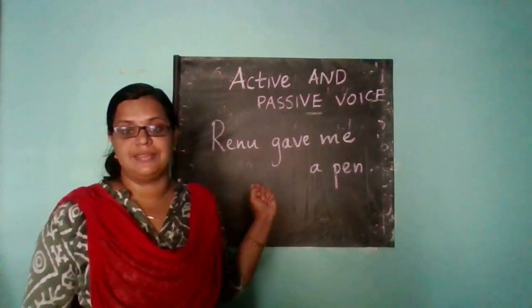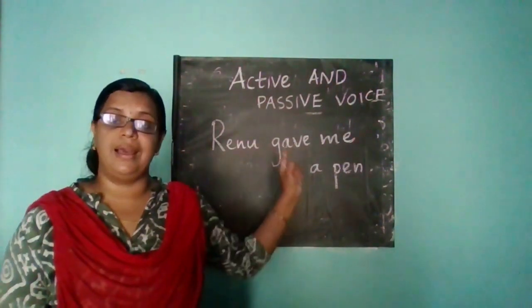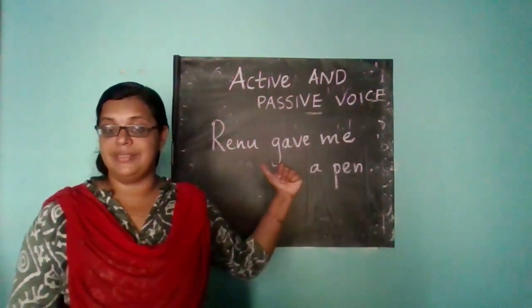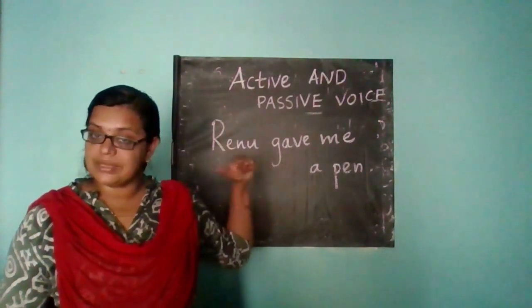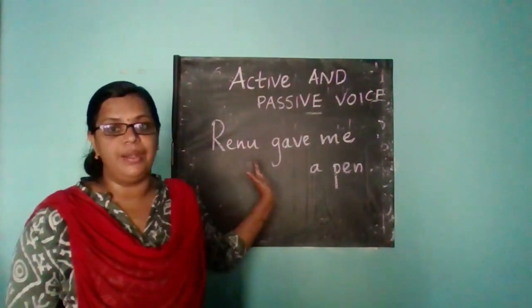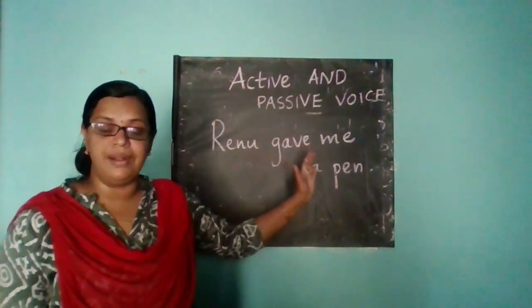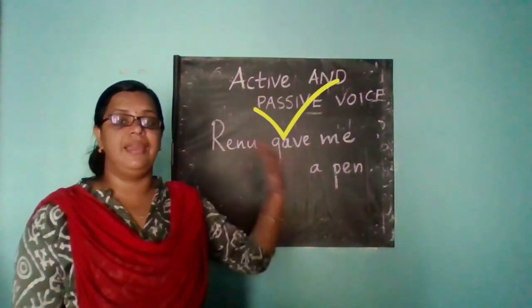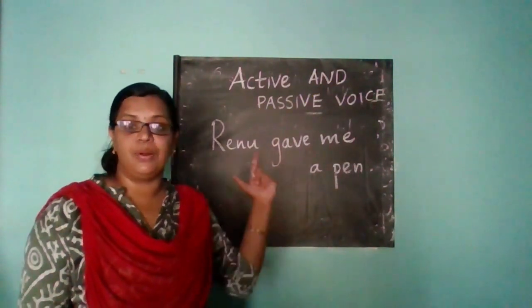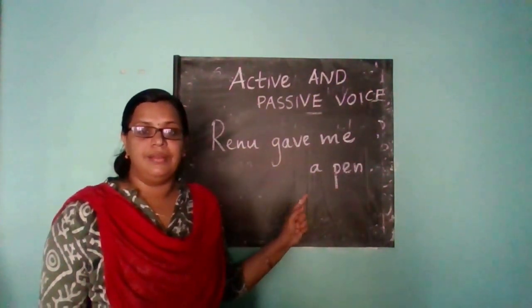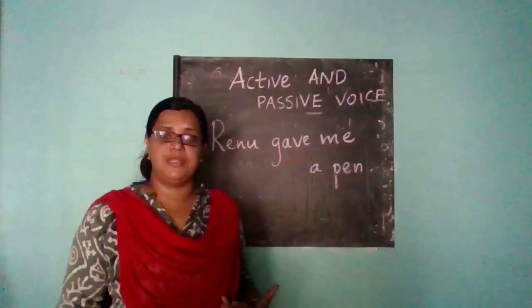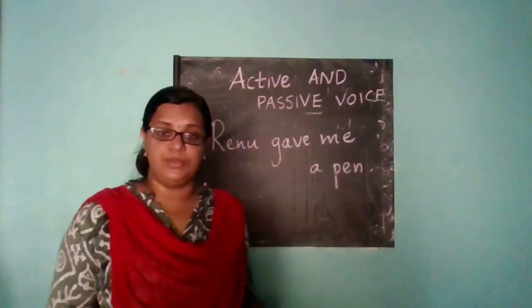See the sentence: Renu gave me a pen. Which is the subject here? Who is doing the action? Yes, Renu. So Renu is the subject. And which is the verb? Which is the action word? Gave. So gave is the verb. Then how will you identify the object?